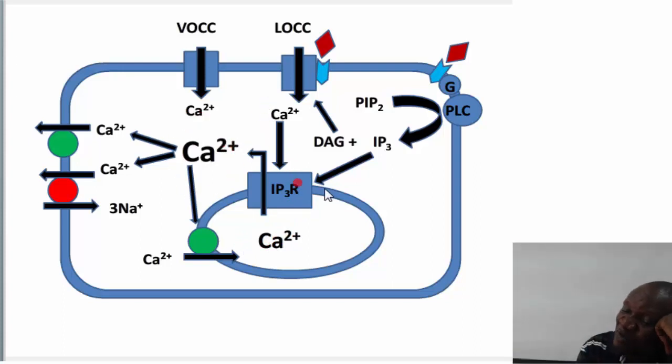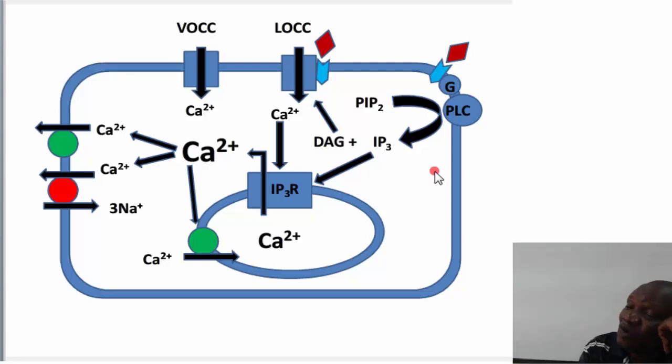Now, another way by which intracellular calcium can be increased is by ligands binding to receptors. And we've seen this: a ligand, an external particle, a hormone, anything. This will bind to the channel. When it binds to it, there is a conformational change which will allow influx of calcium ions.